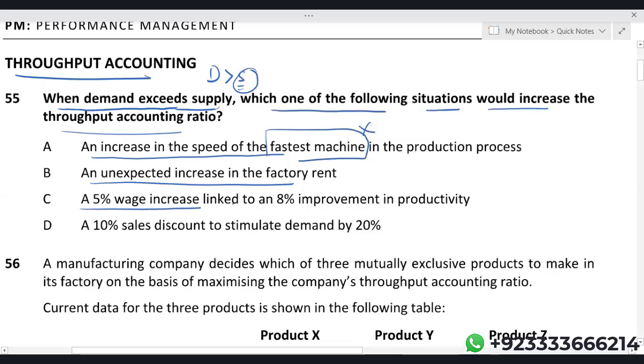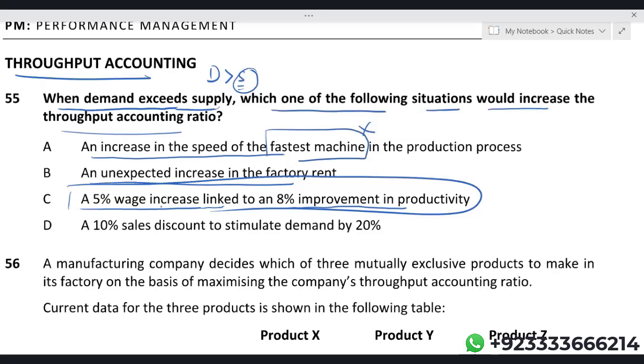A 5% wage increase linked to an 8% improvement in productivity. Great. If you increase the wage by 5% and there is an 8% improvement in productivity, obviously due to the increase in wages your factory cost will increase, agreed. But with an 8% improvement in productivity, your labor will take less time to manufacture the same product.